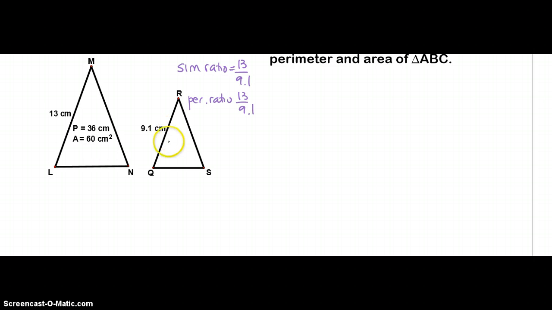Okay, so the problem is to find the new perimeter and the area of the other triangle. For the area ratio, you have to square the numbers. So that's going to be 13 squared over 9.1 squared.